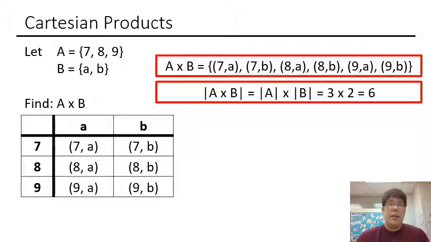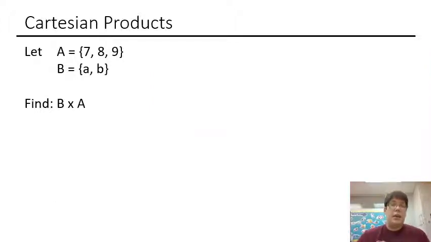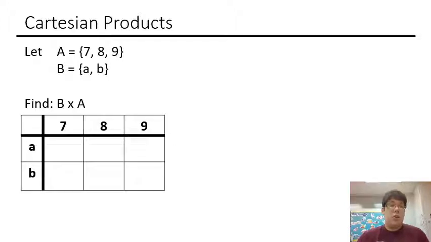Okay. Now let's take the same sets, and instead let's find B crossed with A. And you're going to see that this is actually a different set. You would think it'd be the same, but it's not. So let's line up our table.